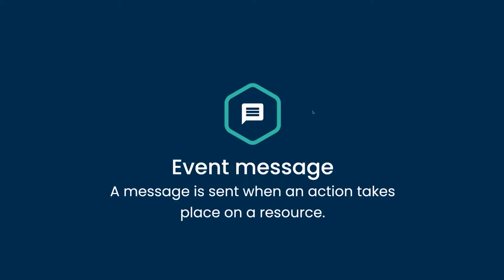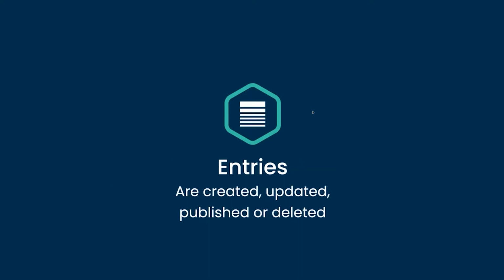Effectively, the event service manages messages. So when an action takes place in the product on a particular resource, like an entry, a message is sent to say that something has happened to that entry. An entry has been created or updated or published or deleted.